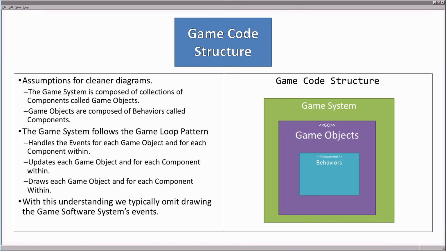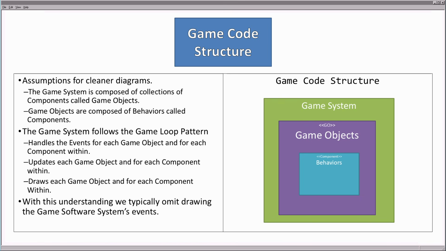The game system is composed of a collection of components called game objects. Game objects are composed of behaviors called components. To make it cleaner, we place one structure inside another structure. The game system follows the game loop pattern, meaning that it handles the events for each game object and for each component within.